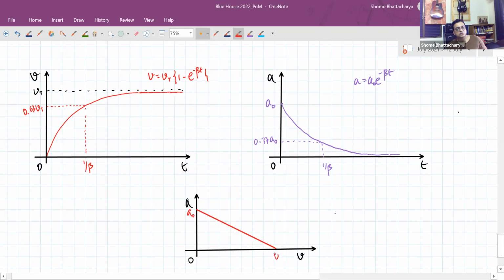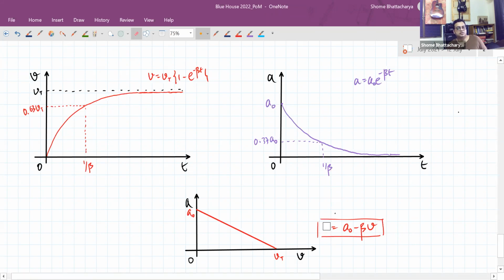When the velocity becomes terminal velocity, the acceleration becomes zero. So it is a equal to a naught minus beta v kind of condition.